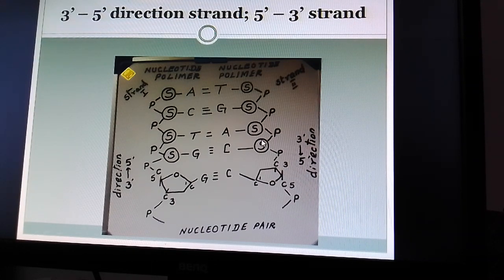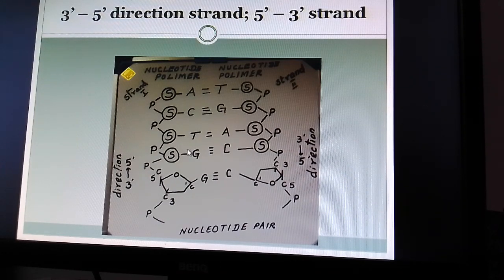And the parallel strand will be having an opposite direction. It would be in reverse. Here you see the pentose sugar is in inverted form, in a reverse form. So accordingly, the third position of the pentose sugar will be attaching to the phosphoric acid at the upper side. And the fifth position of pentose will be attaching to the phosphate on the lower side.